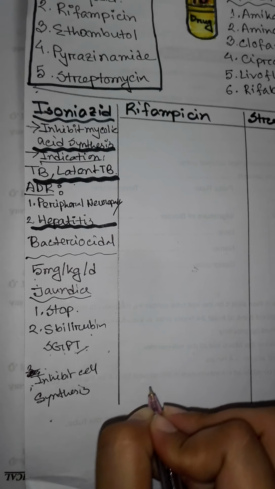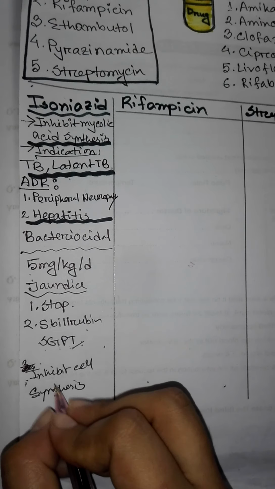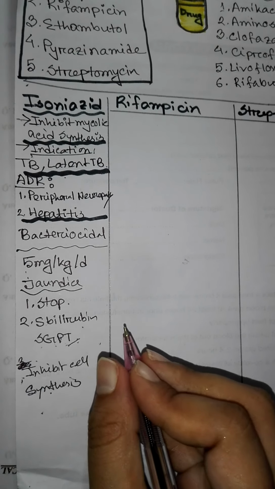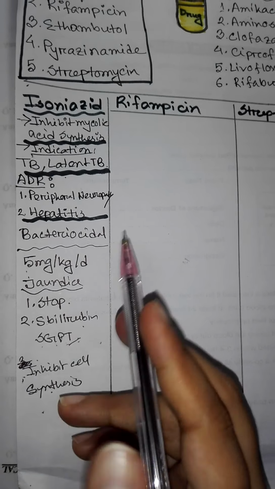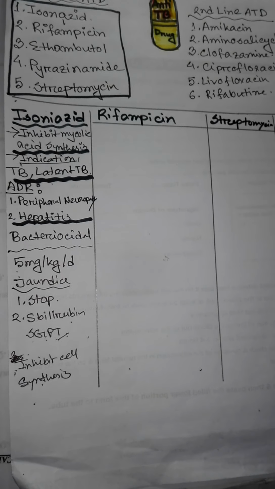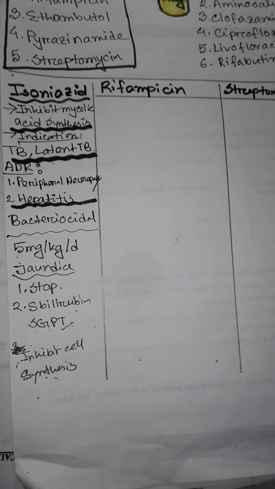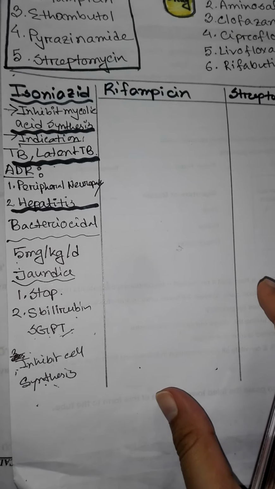So other anti-tubercular drugs can easily enter into the bacteria and disrupt the bacterial wall. And for chemotherapeutic synergism, isoniazid is a must.